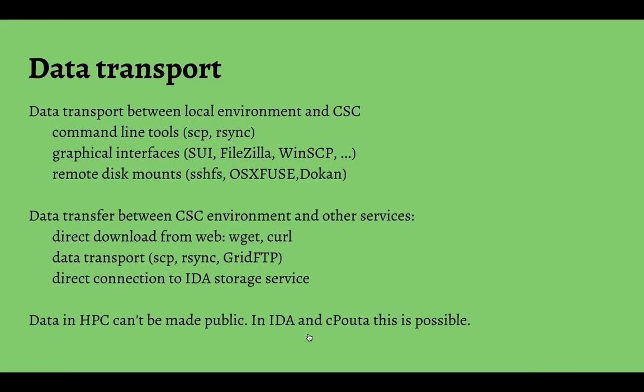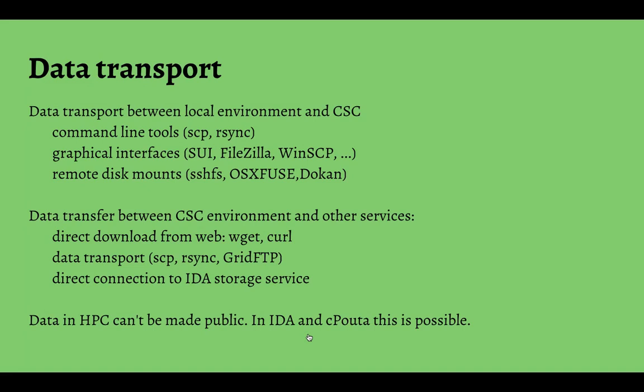When you are using these services, which are not local ones, you of course have to transport somehow your data between these places. So to HPC archive, well, in the case of IDA, it is quite clear. IDA has its own client tools and commands which you use to move data between your local computer and IDA.